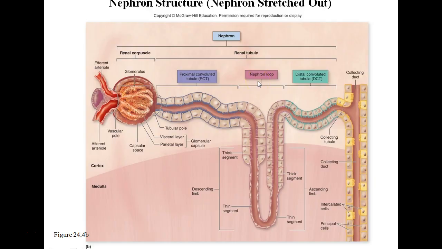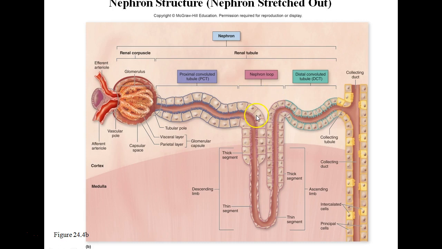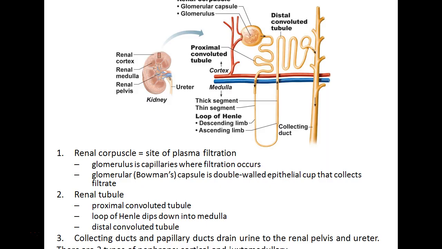The nephron loop is also termed the loop of Henle. And notice we have a descending limb and then an ascending limb. After this descending and ascending limb, and by the way, we get more into the functions of those later on, we then arrive at the distal convoluted tubule. Distal because it is more distant, but we also see that it is convoluted in nature as well.